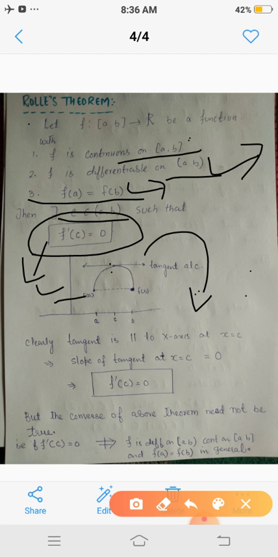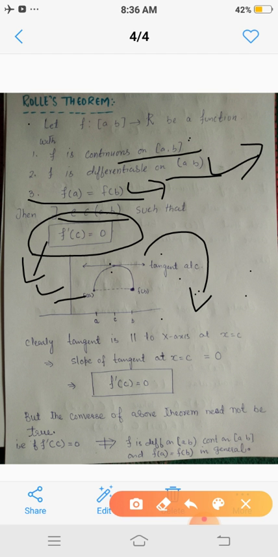Also, the slope of the x-axis is 0, which implies that the slope of this tangent is 0.